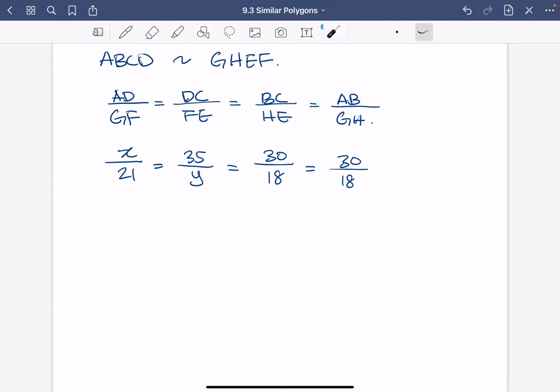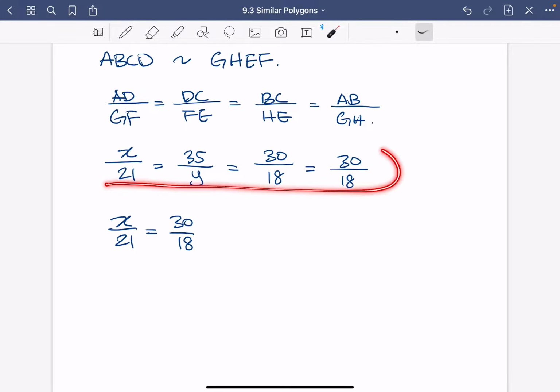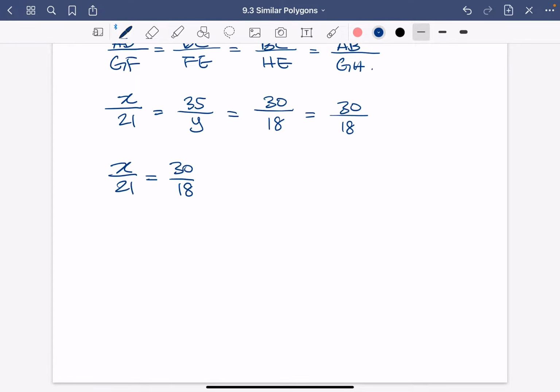Do you guys remember proportion from Math 8? We can use proportions to solve for the unknowns here. Obviously, we cannot have two unknowns in one proportion. So what we can do is take out the first fraction and use something we know already. So it's 30 over 18. We know 30 over 18 is equal to x over 21 because all of these fractions are equal to each other. And so this is a proportion.